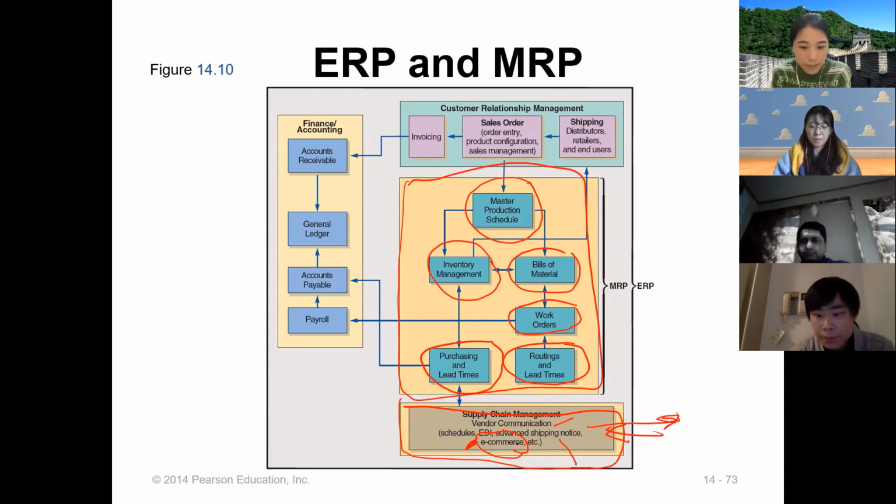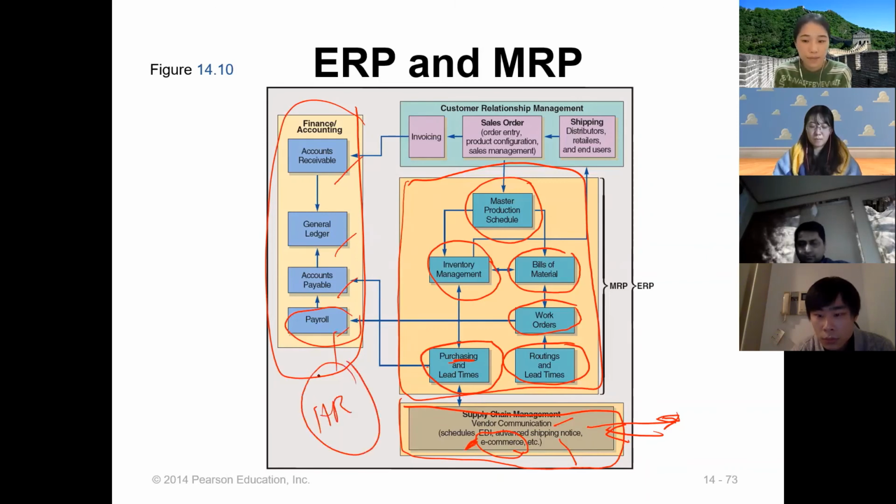Because we have purchasing and delivery, it goes into finance: accounts receivable, general ledger, accounts payable, payroll, because it relates to our human resource. You can actually integrate with human resource, and customer relationship management in terms of your invoicing, sales order, shipping.